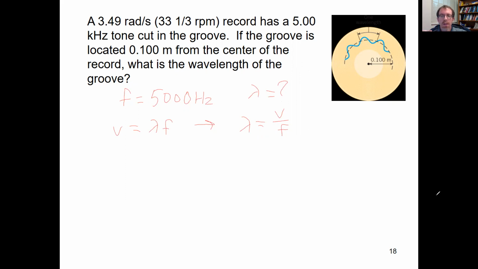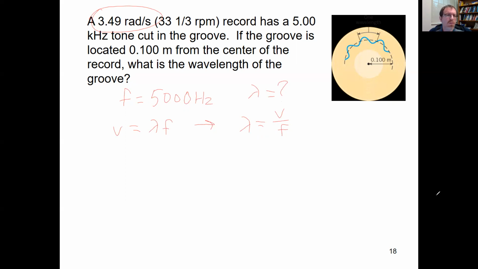V would be the speed of our needle relative to the record. The units for V would be meters per second, right? That's the units for speed. But we're not given our something in meters per second. Instead, we're given it in radians per second.